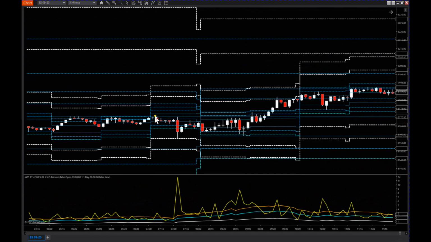Once you start breaking down these ranges, with this range going straight out, then you can go in, even on a 1 minute chart, and take advantage of that.